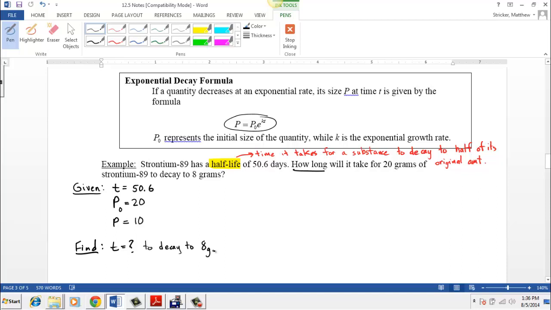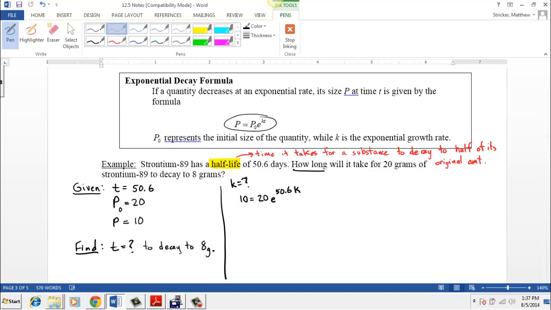And again, kind of like the last problem, this is a two-step problem. We got to first find out what k is. We don't know our decay rate. So if we write down what's given, we know that in the future, because we're decaying, 20 grams will decay to 10 grams, and it takes 50.6 days at some growth rate k to do that.